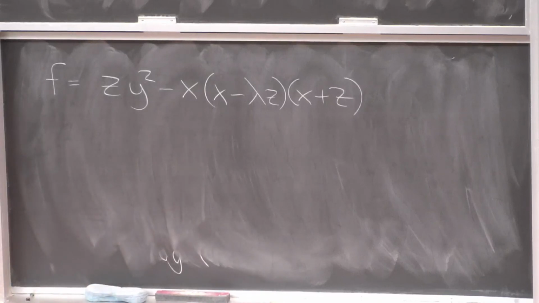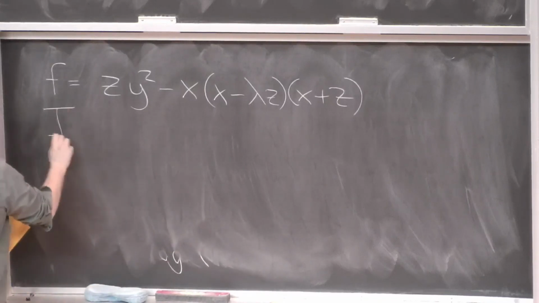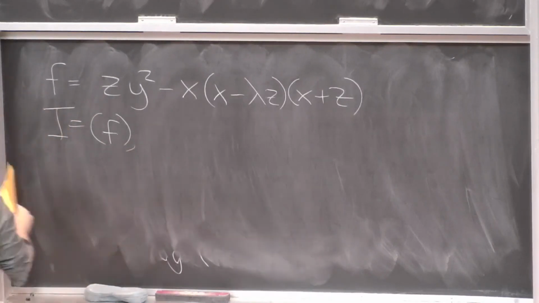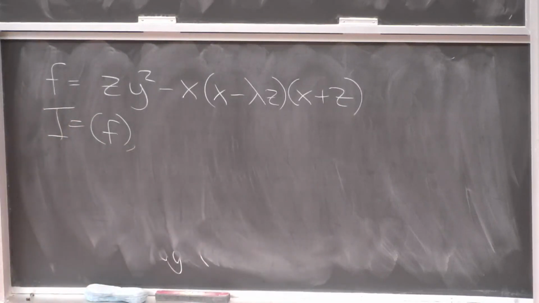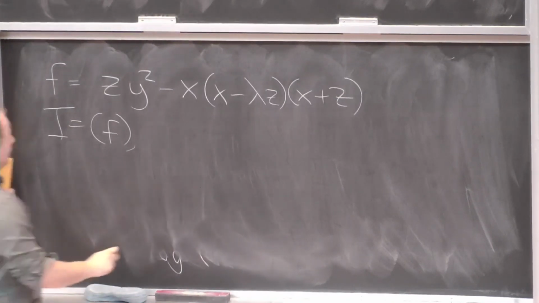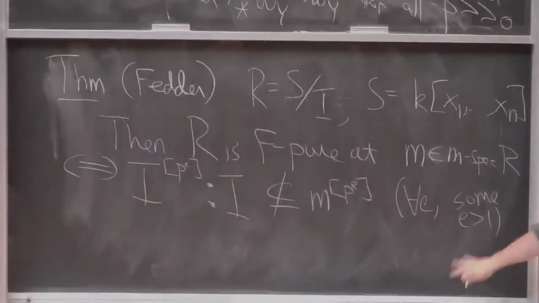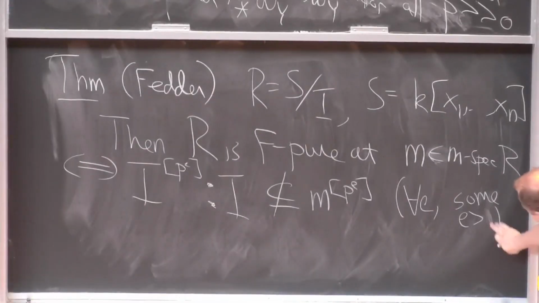If I let I be the ideal generated by F, I'm going to look at k[x,y,z] mod I, and I want to ask whether that's F-pure at the origin or not. And what Fedder tells me to do, and again, this is for all e or some e, they're equivalent. Do it for one e bigger than 0, do it for one e, you get it for all e, vice versa.